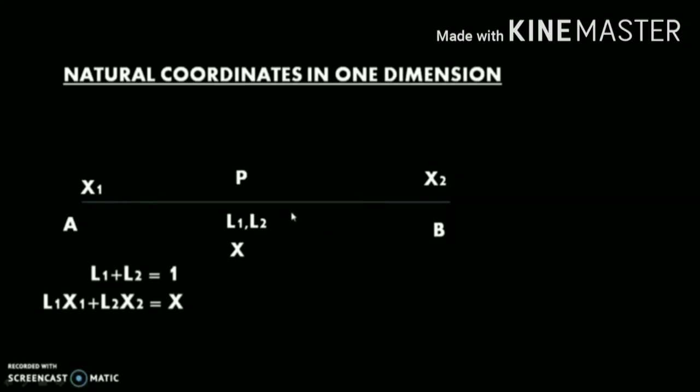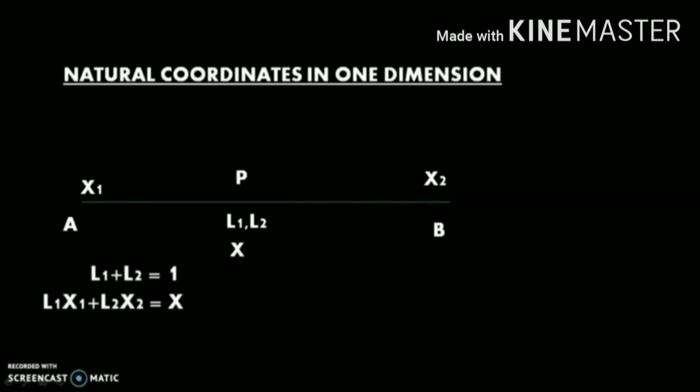If we want to find out the location of any intermediate point P between A and B, we have to first define the set of natural coordinates at point P, that is L1 and L2. Then the location of P, x, is given as L1 x1 plus L2 x2, where L1 and L2 are the set of natural coordinates and x1 and x2 are the nodal values.